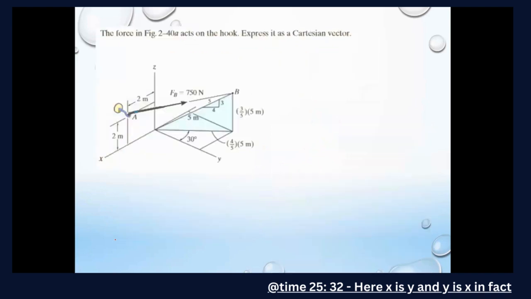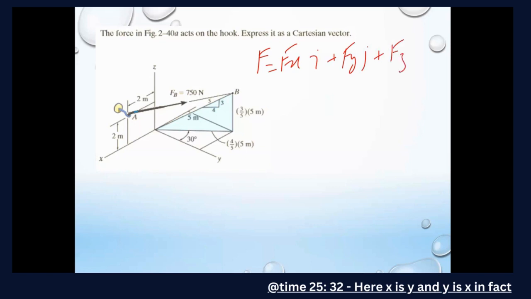Okay. Another similar question, right? But there is one trick here. That trick is that again you need to represent the force as Cartesian. You need to write like this, the same thing we did before.